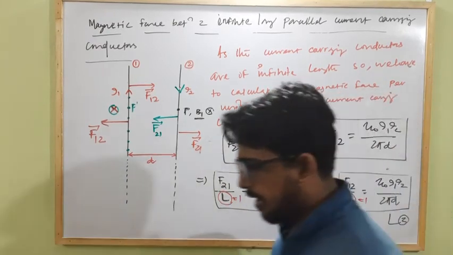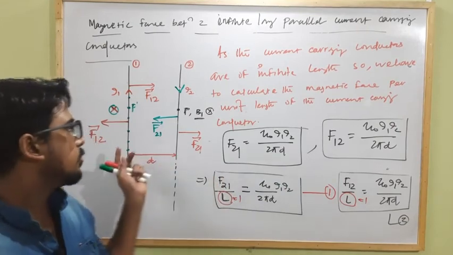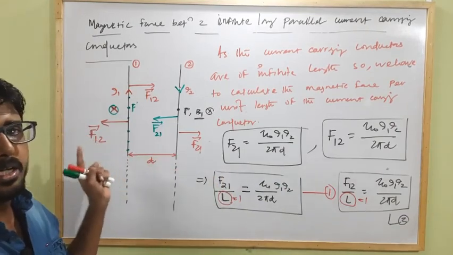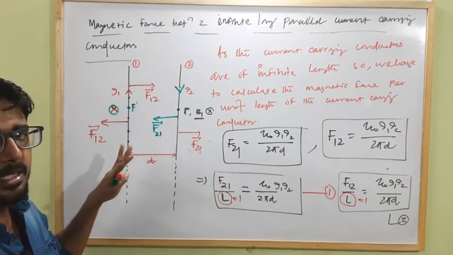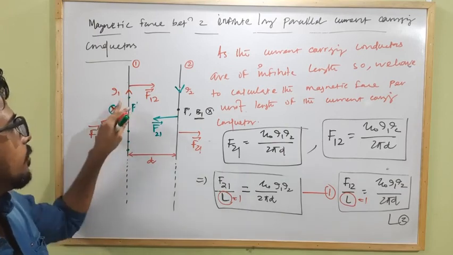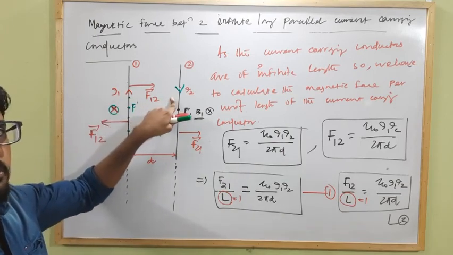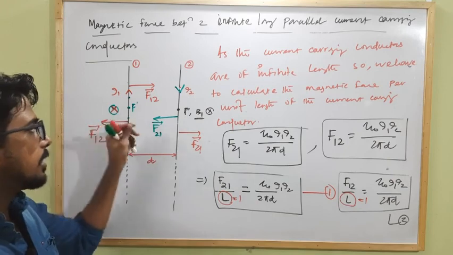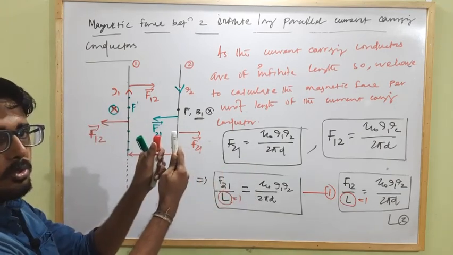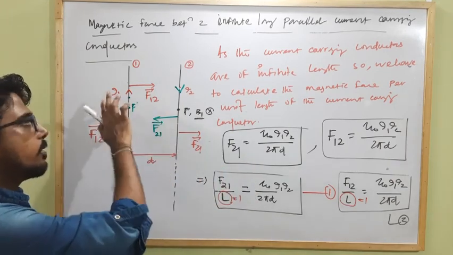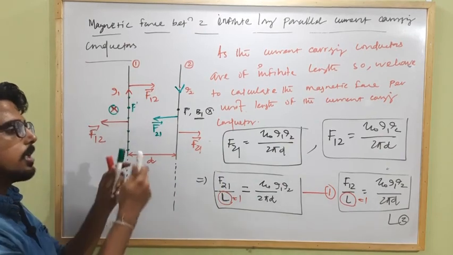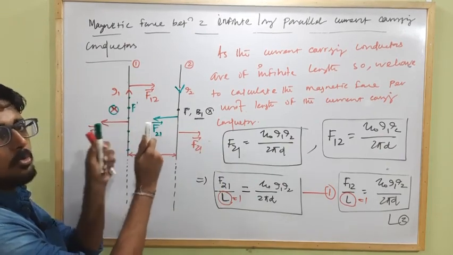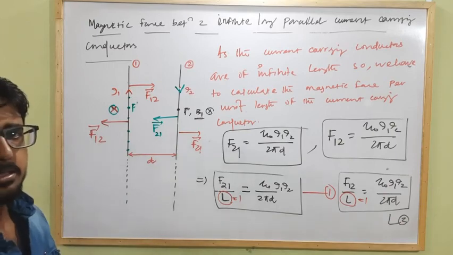So this is about the magnetic force acting between two infinitely long straight current carrying conductors placed parallel to each other. If the direction of current flowing through both conductors is the same, the force will be attractive, or both conductors will come close towards each other. If the current flowing through both conductors is in opposite directions, they will repel each other, or they start to move away from each other. Clear? Okay.